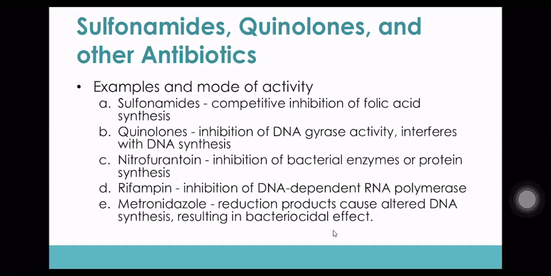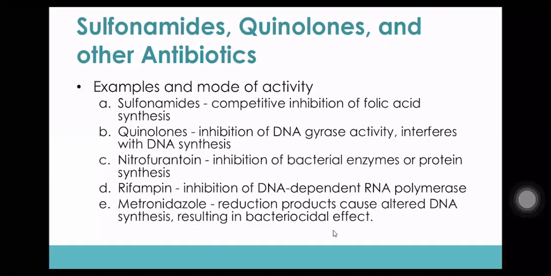We have the components of DNA: cytosine, guanine, uracil, adenine, and thymine. So sulfonamide inhibits folic acid, that will cause megaloblastic anemia. And then next, for quinolones, inhibition of DNA gyrase activity, and interferes with DNA synthesis also.